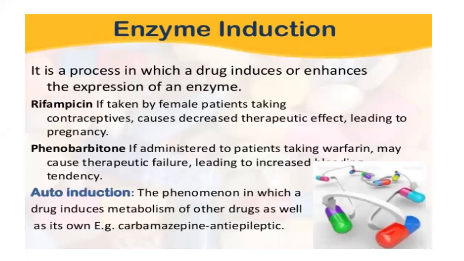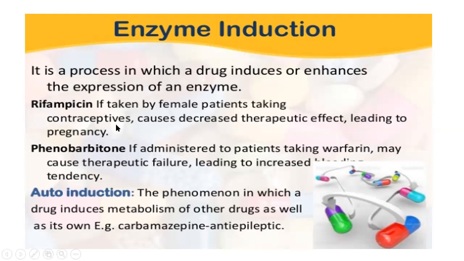So enzyme induction is nothing but a process in which the drug induces or enhances the enzymes involved in drug metabolism. For example, one example is rifampicin. It will induce the metabolism of oral contraceptives.